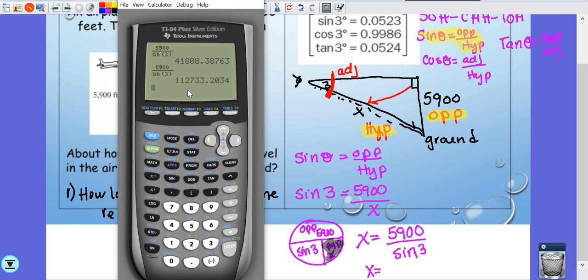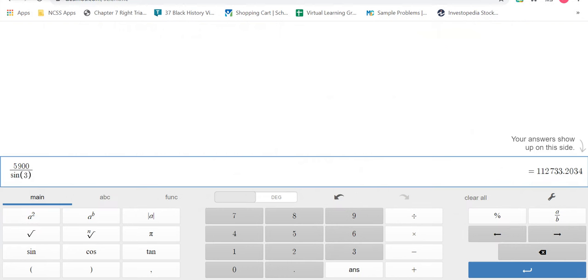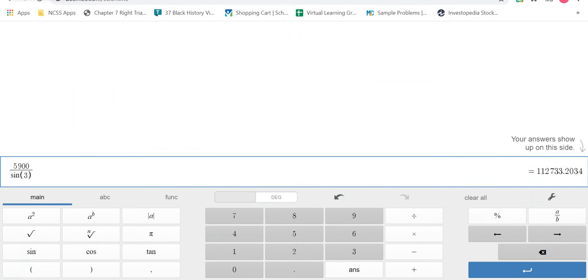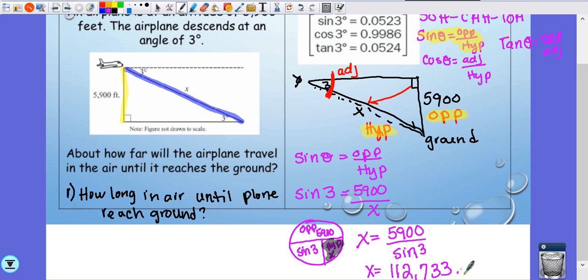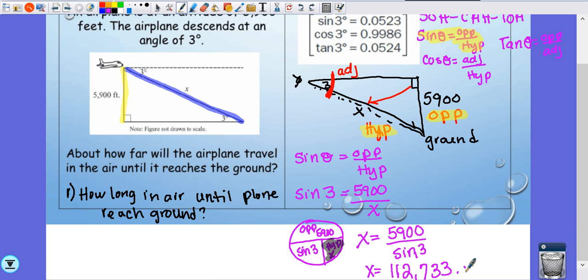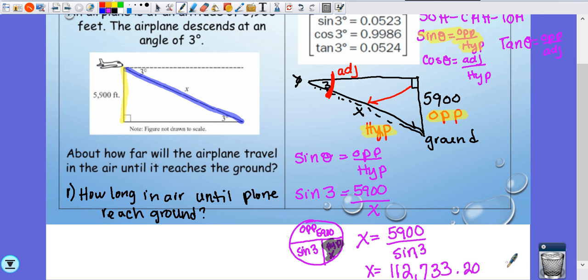Yep. So the plane is going to be in the air for 112,733 point, what did it say, round to? We'll round to the nearest 100, 20 feet.